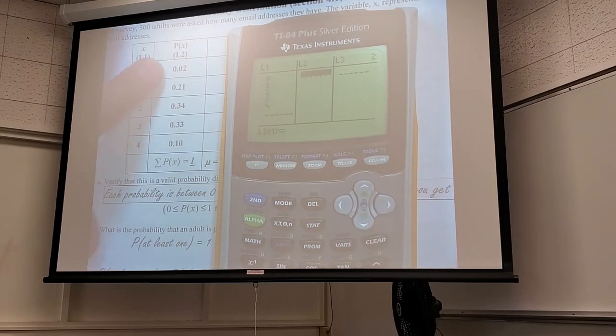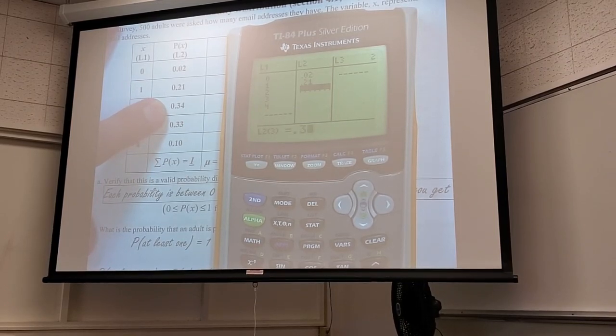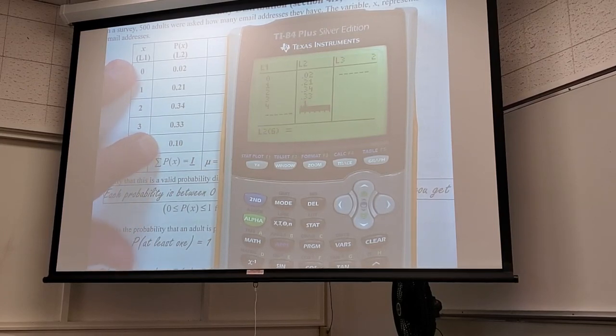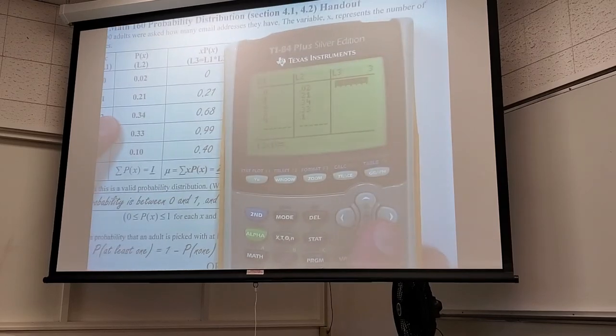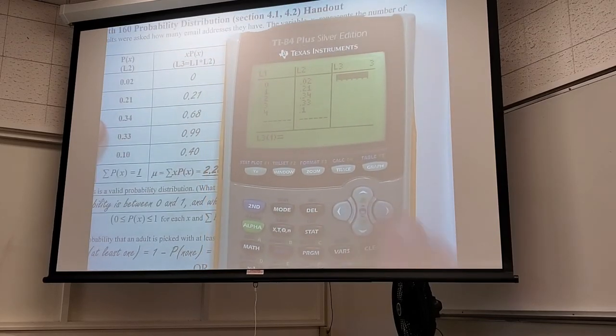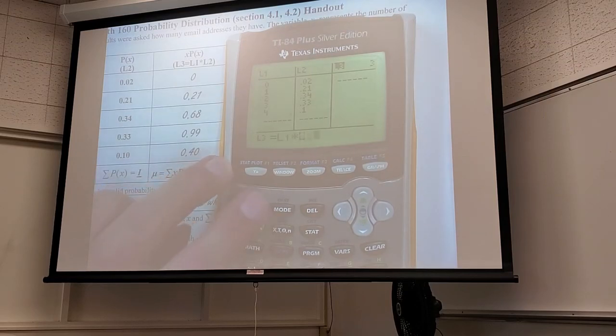Then I can put all my p of x's into L2. And then I'm really nice on this handout. What do I want L3 to be? L1 times L2. I want it to be my x's times my p of x's. X's are in L1, p of x's are in L2. So I go up to L3, and I tell it, make this list L1 times L2, bam!